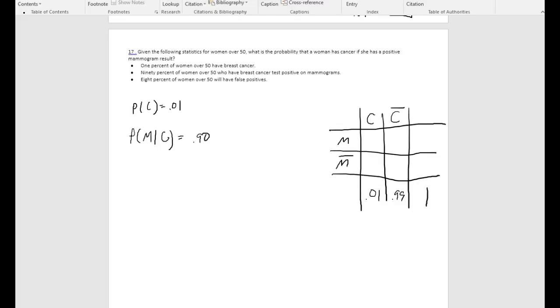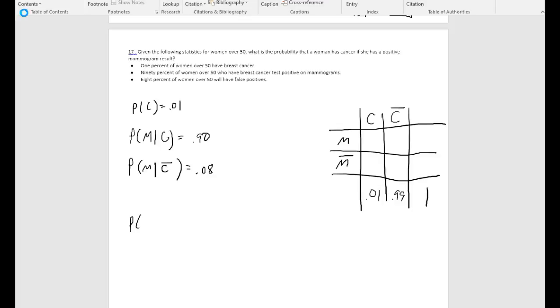And we know that these conditional probabilities are not in the table. And so then we have 8% of women over 50 will have a false positive. So what's a false positive? False positive means that they test positively, but they don't actually have breast cancer. So given that they don't have breast cancer, they test positively. And that is 8%.